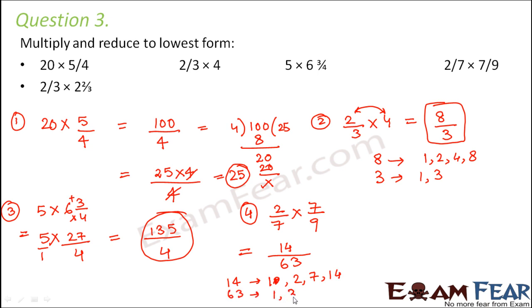For 63, the common factors would be 1, 3, 7, 9, 21 and 63. So which is the highest common factor? The highest common factor here is 7. So therefore what we will do, we will divide both the numerator and the denominator by 7. So 14 divided by 7 is 2 and 63 divided by 7 is 9. So 2 by 9 is the lowest form.